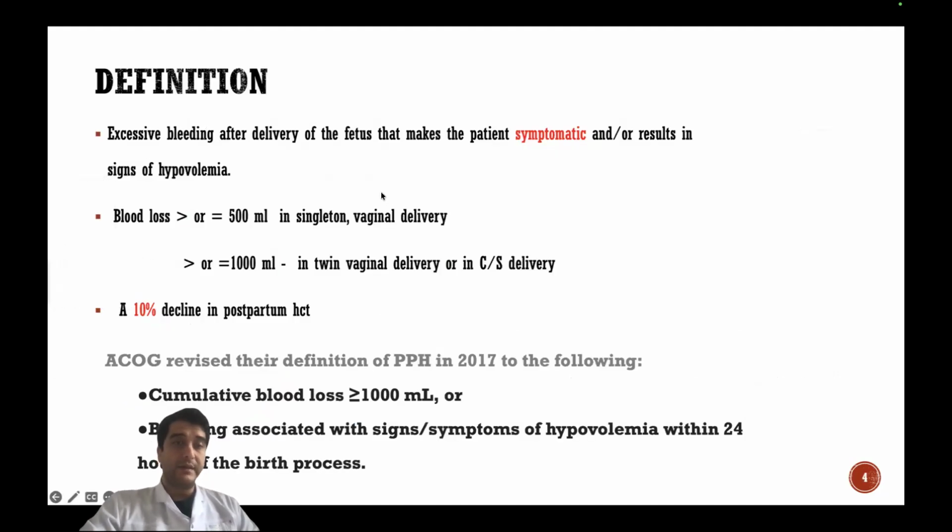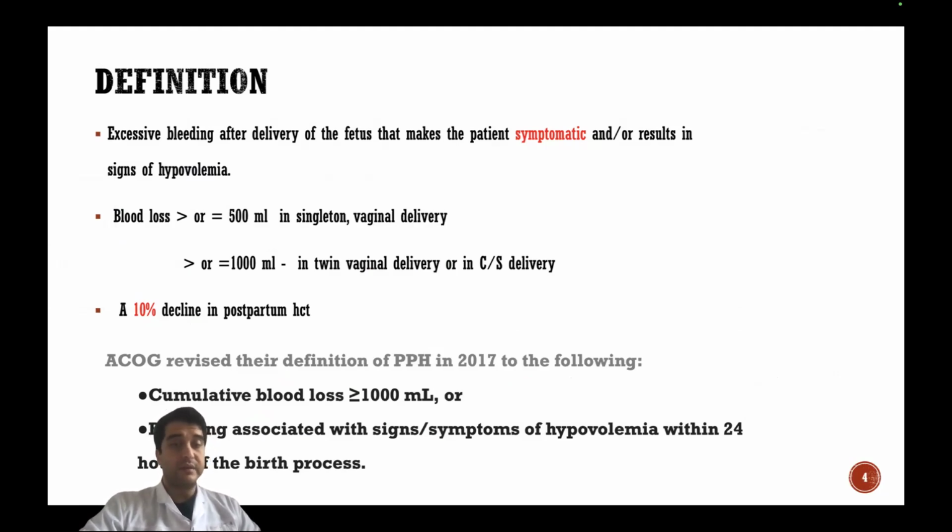Definition: excessive bleeding after delivery of the fetus that makes the patient symptomatic and/or results in signs of hypovolemia. Blood loss of 500 milliliters in a single vaginal delivery, or 1,000 milliliters, or 1 liter, in a twin vaginal delivery or cesarean section delivery. A 10% decline in hematocrit is postpartum PPH.